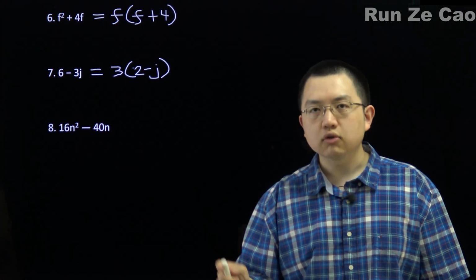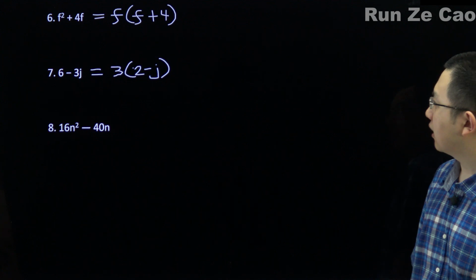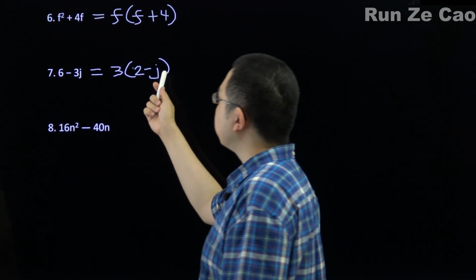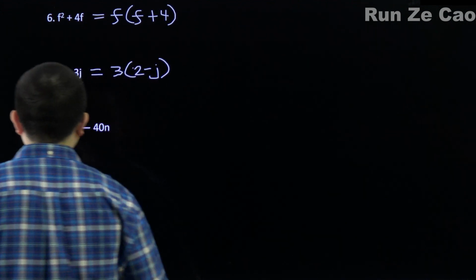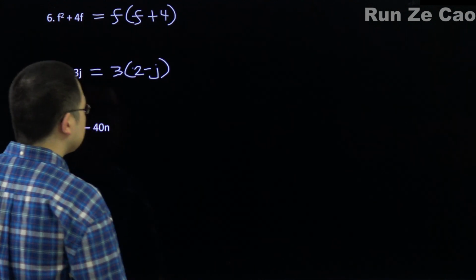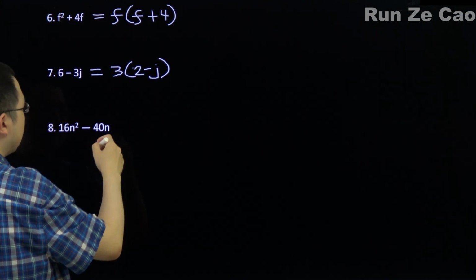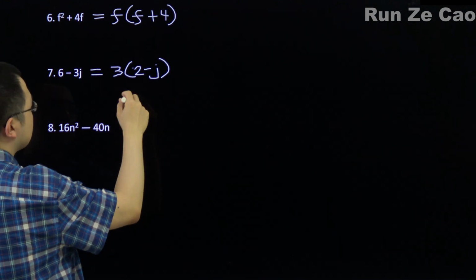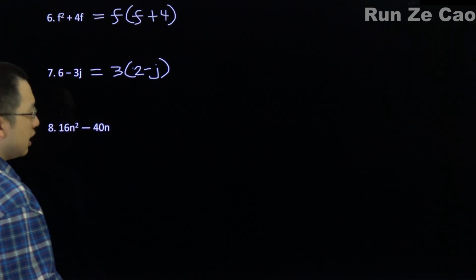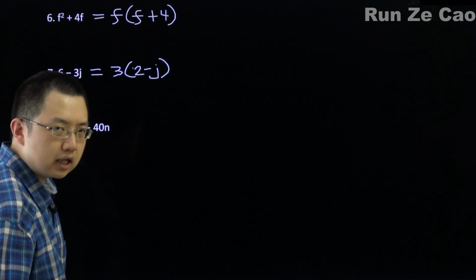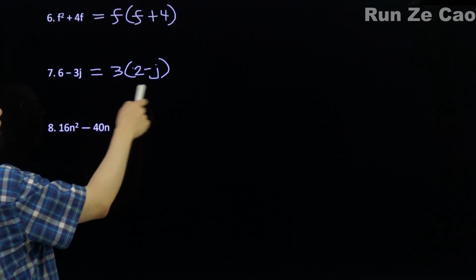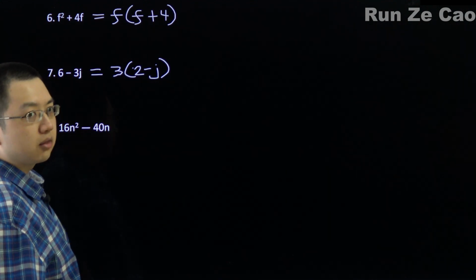You don't need to factor out in a way that makes the coefficient of your variable inside the bracket positive. Like the signs don't actually matter. I could have factored this out as negative 3 times negative 2 plus j. But the order it's written in, no, this is better. We just divide by 3.